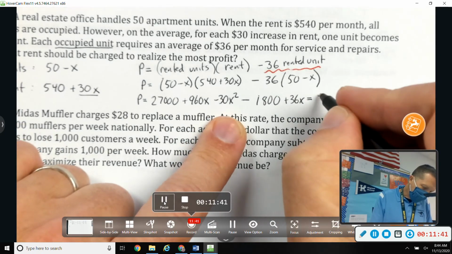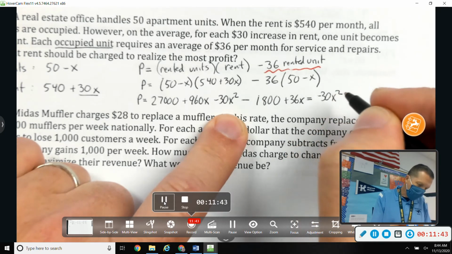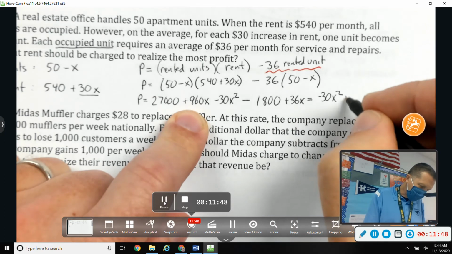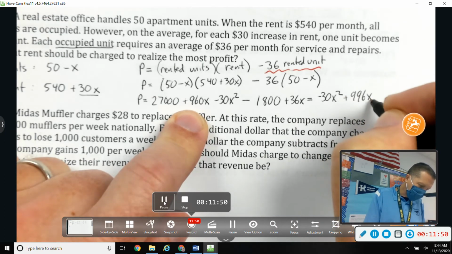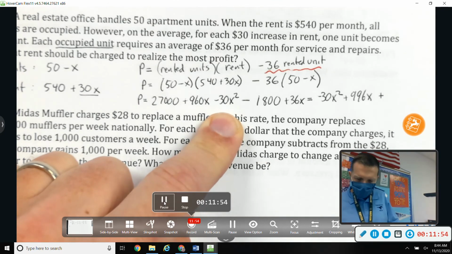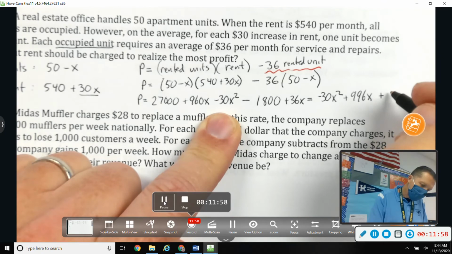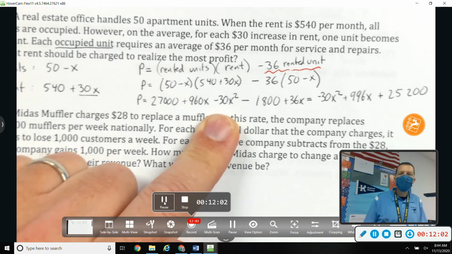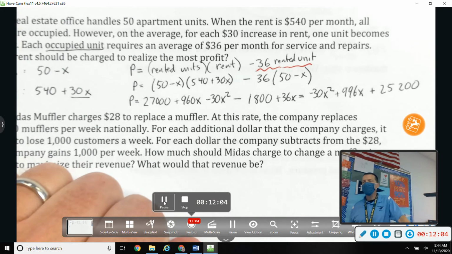So let's see here, negative 30x squared. 36 and 960 would be plus 996x. And then 27,000 minus 1,800, 25,200. I guess the good news is when we take a derivative, that number won't matter.